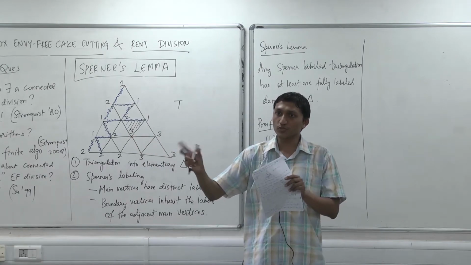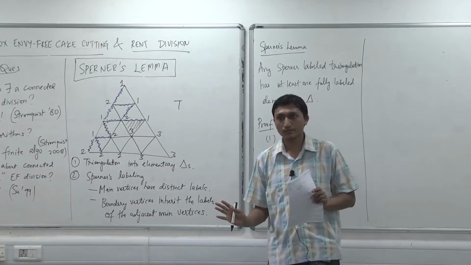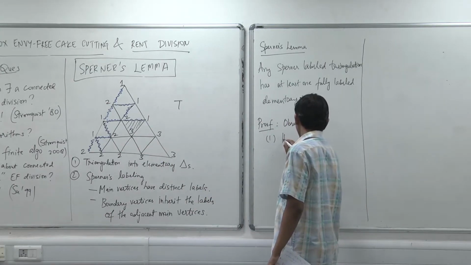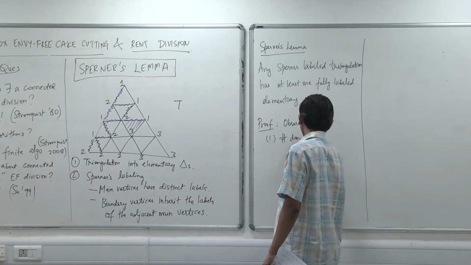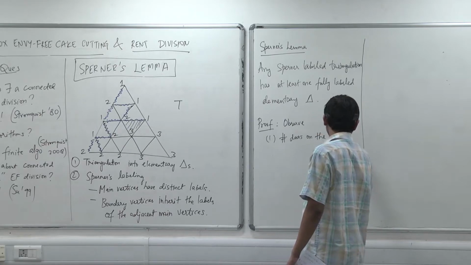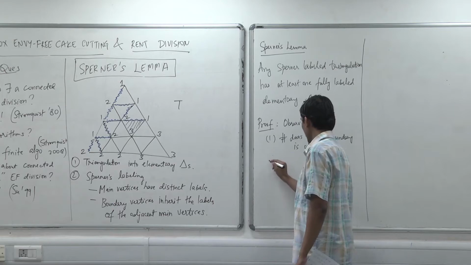Any further switches are paired up. So the number of doors on the boundary is odd. That's one.